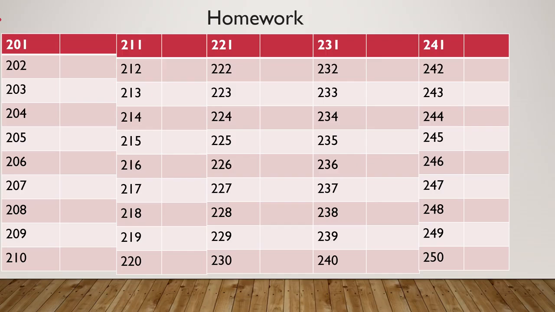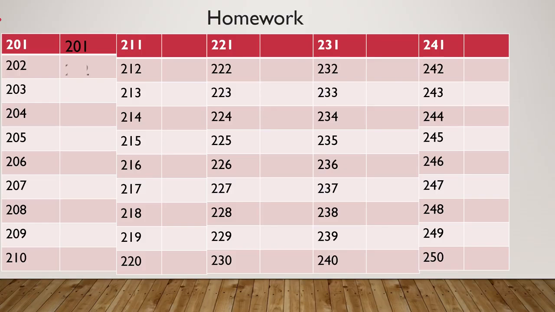Dear student, this is your lecture 1 homework. Today I will discuss. Let's start. 201. We will fill the same number in these columns. 201, 201. Then I will write here 201, 201. Next is 202, 202.